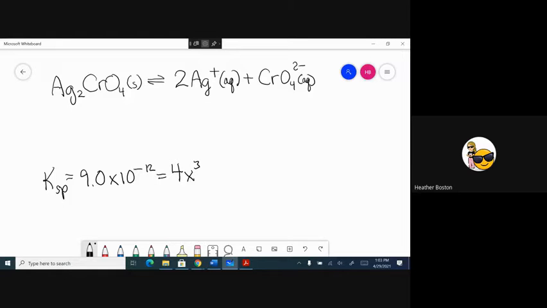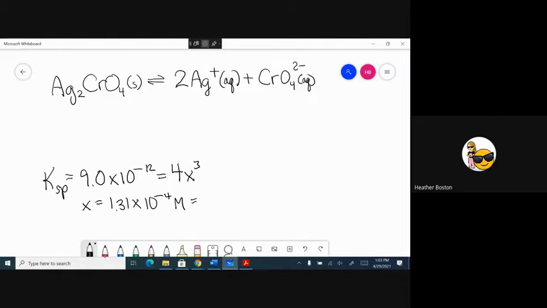And then I'm going to take the cubed root of that. And I will get a value for x of 1.31 times 10 to the minus 4.